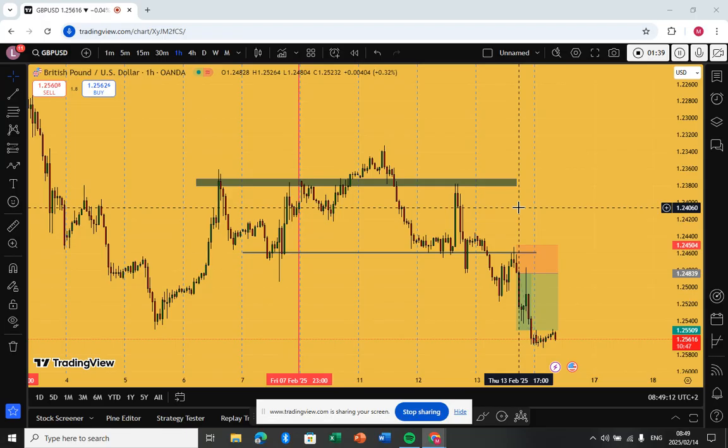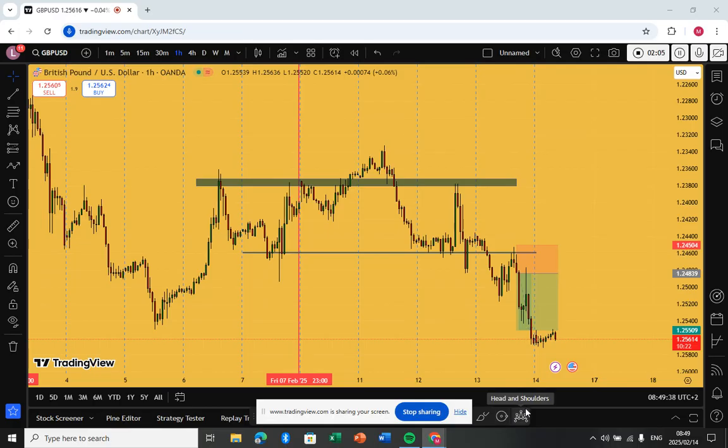Now, this is my opinion, this is my approach when looking at each and every market. First thing first, I need to look for the shift of structure. I need the market to shift structure before I can take a setup. What do I mean by that? Let me show you.